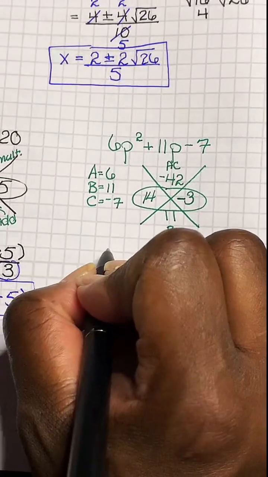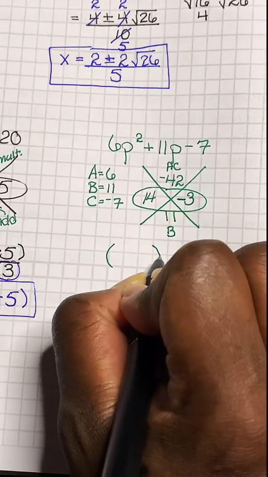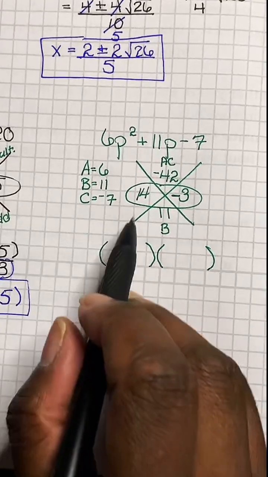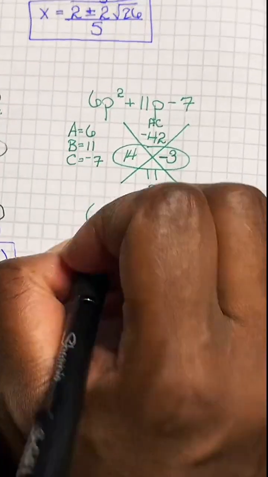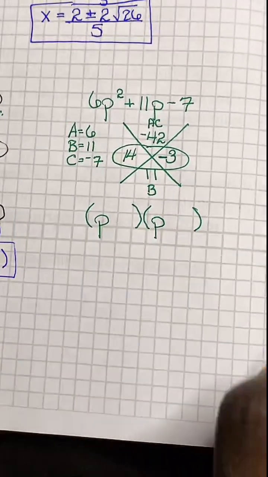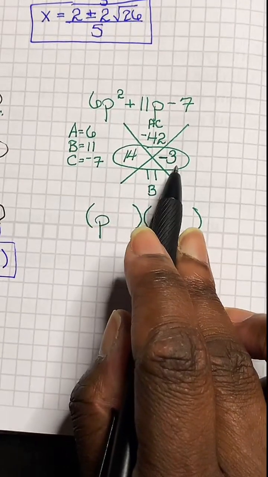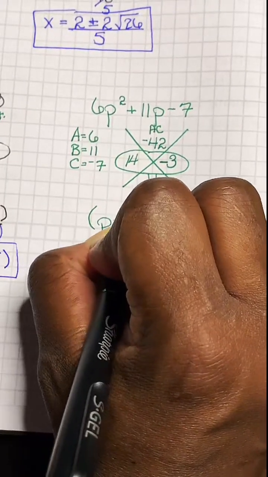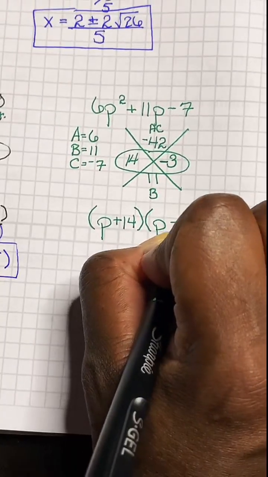So we're going right into splitting our variables, which our variable is a p. So we got a p here and a p here. And we're writing the factors that we found. Plus 14 minus 3.